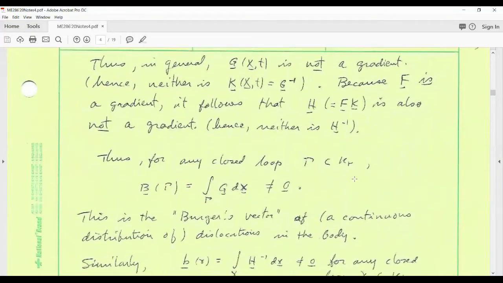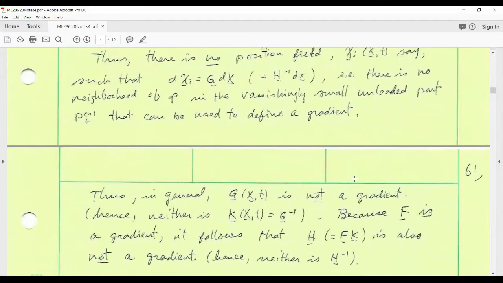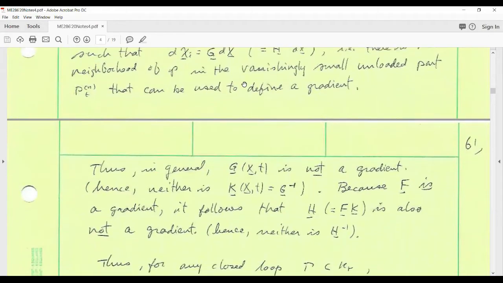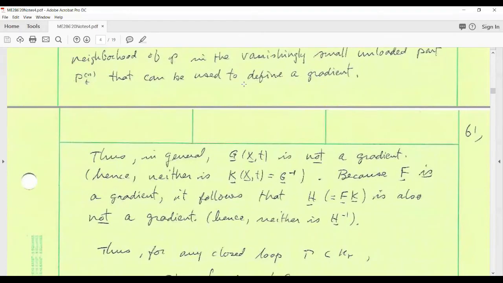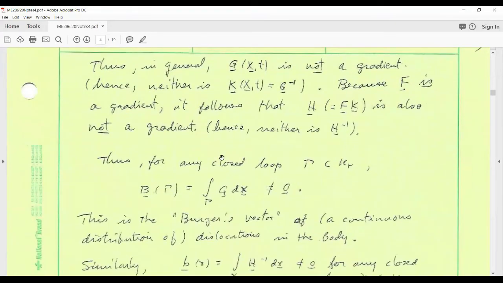In other words, G dX is not an exact differential because there's no chi. We can use it to define a d chi, but we cannot integrate this to get chi because there's no chi field associated with the intermediate state. So that means if we integrate G dX around a closed loop, let's say in the reference configuration, capital gamma, we're not going to get 0 because this is not an exact differential.